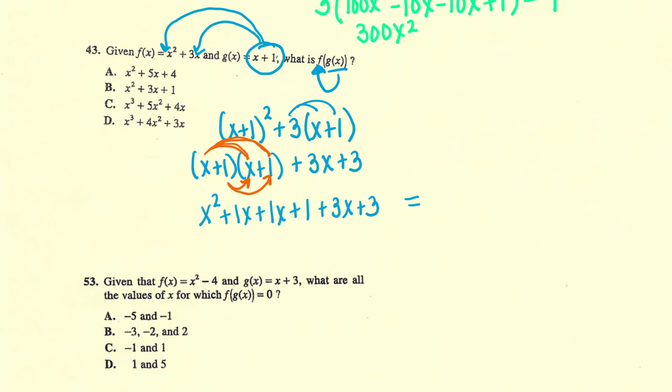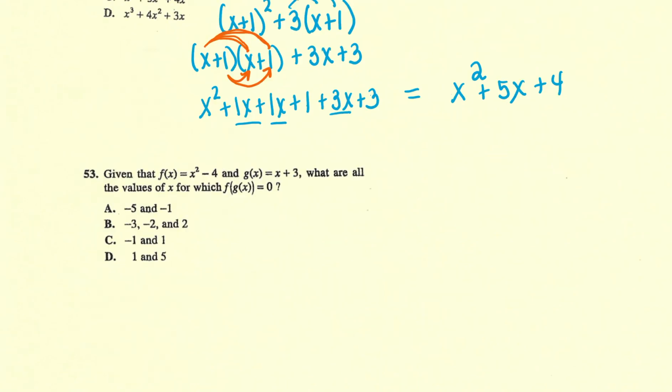Now, put your people together, put your friends together. So x squared, x plus 3x, when I put those like terms together, is 5x. If you want to, you could go look at your choices and see if that's enough to get an answer. And of course it is, so that could save you some time. And of course you could also finish: 1 plus 3 is 4.